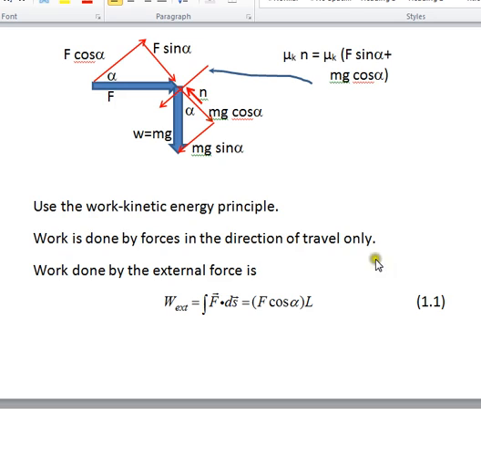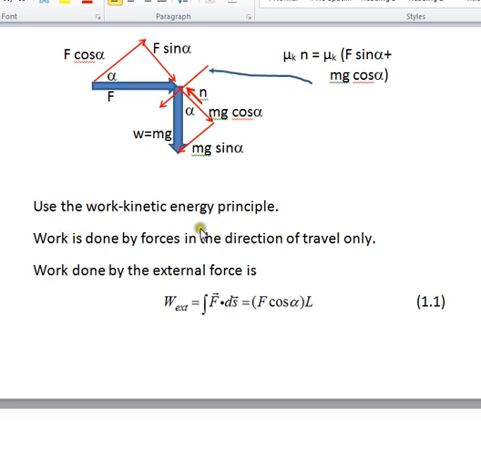Okay, so each one of the forces that opposes the direction of travel will give rise to a negative work component. That will be both the weight component that's acting down the plane and also the friction that's acting down the plane. The applied force, external force, will give rise to a positive work term.